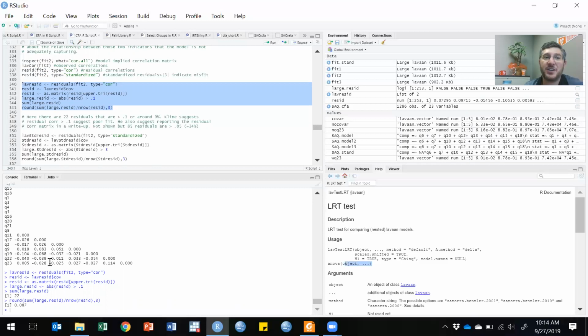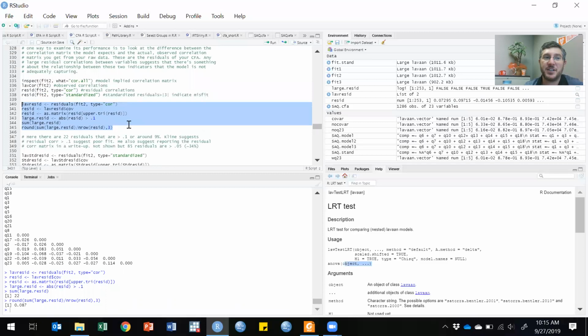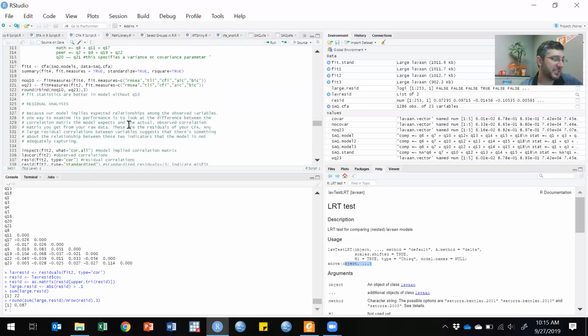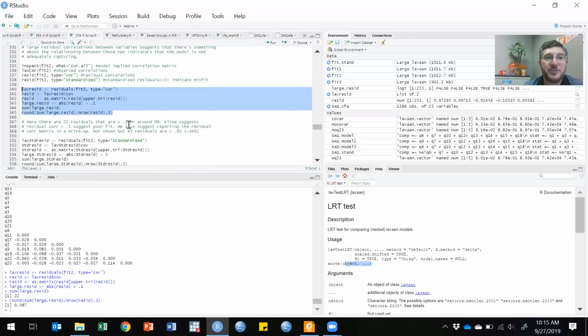That's something you'd have to decide, and you would make the argument in your write-up about whether or not you think that represents a good fit. This was based on our second model, fit 2, where questions 20 and 21 were correlated.